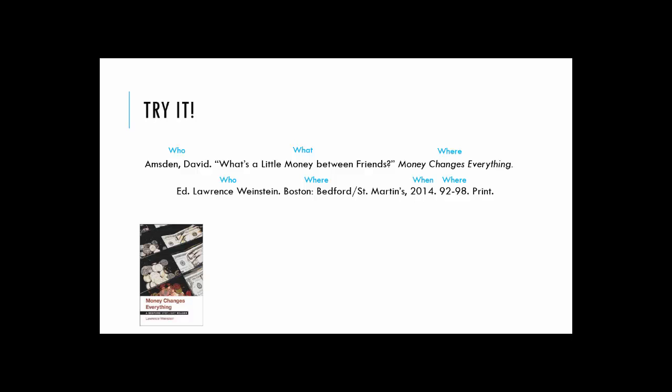We just put that right before our how, which is print. We accessed this as a print book. So as you can see, even if the citations have a couple different things in them because they're print materials or online or we got them from a database, those who, what, when, where, and how are all going to be included somewhere. So if you can find all that information, you're on your way to making a really good citation.